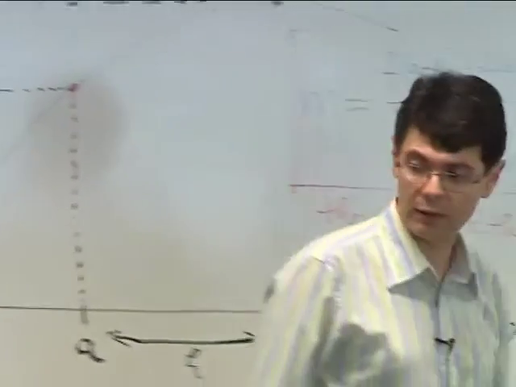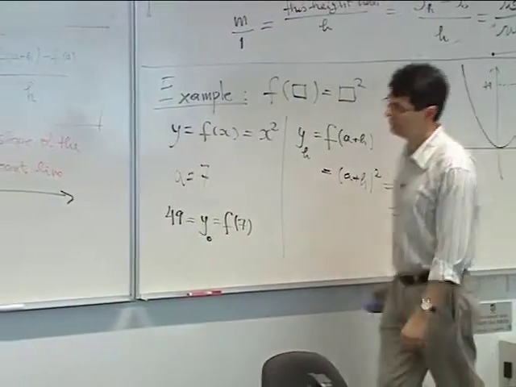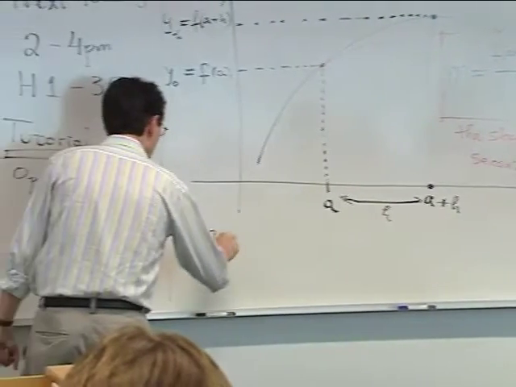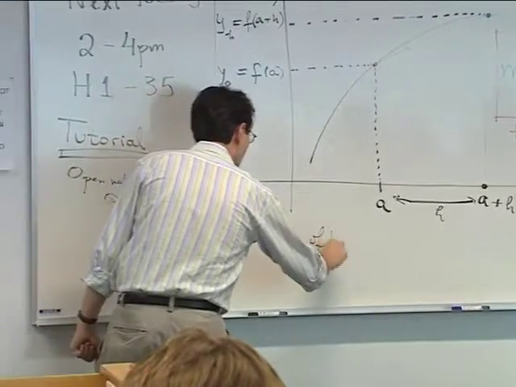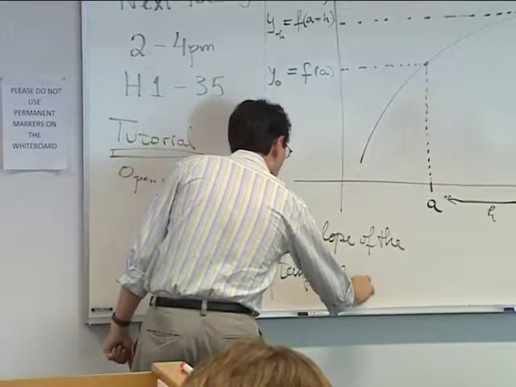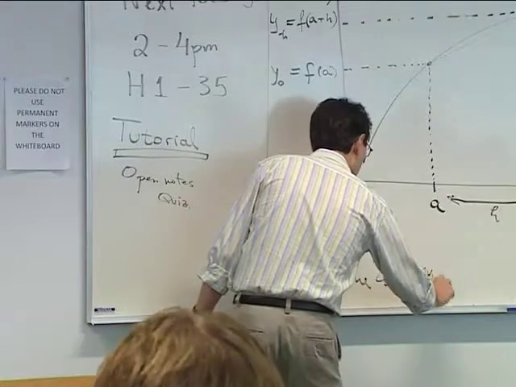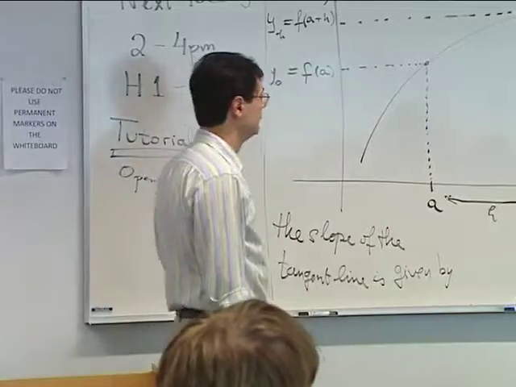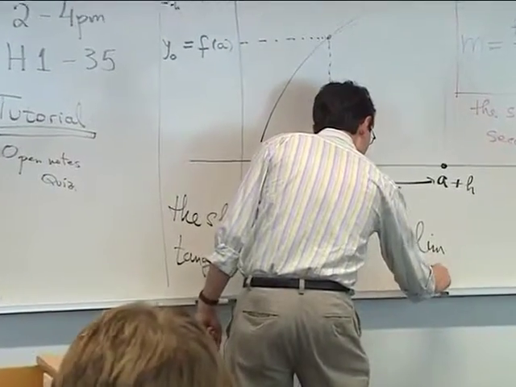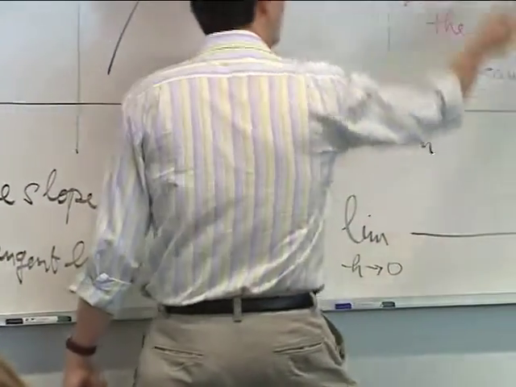So the slope of a tangent line, now, I'm going to write here at the bottom. The slope of the tangent line is given by the limit when the value of h goes to 0 of that quotient.